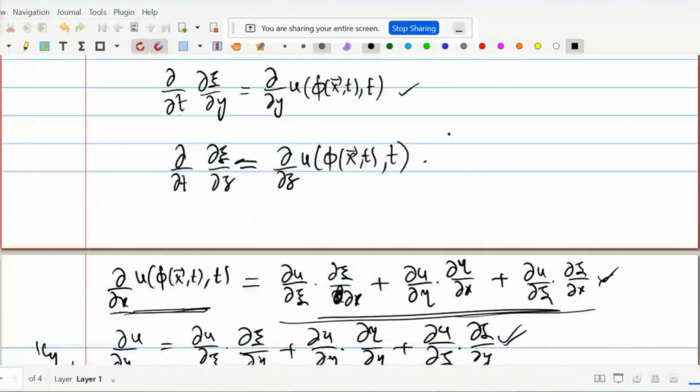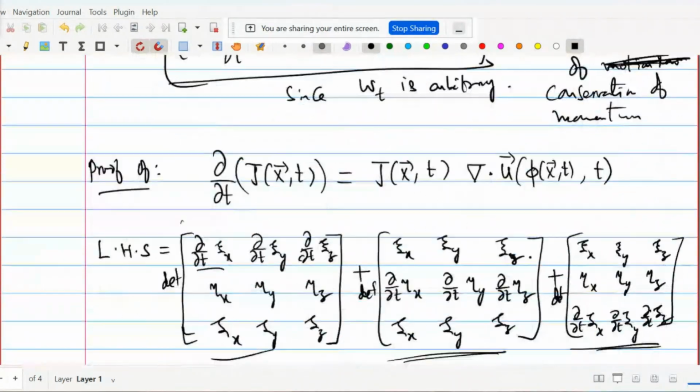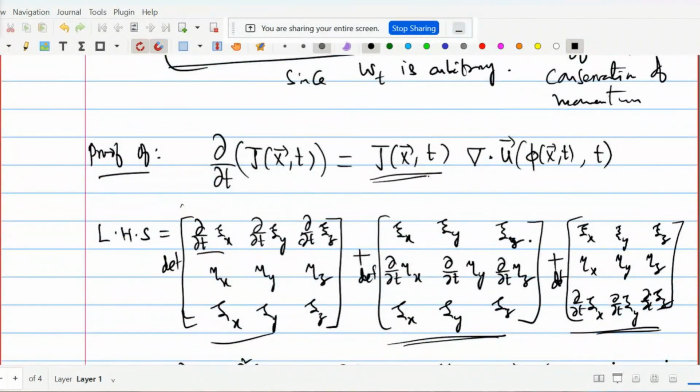What happens to the right hand side? This is your x comma t, everything after time t, so it should be a function of t.